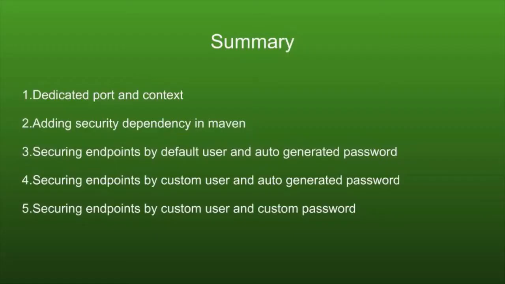Just to summarize, here we added a dedicated port and context, added the security dependency in Maven, and after that we added a default user and an auto-generated password. Then we added a custom user and an auto-generated password, and then we secured endpoints by using a custom user and a custom password.